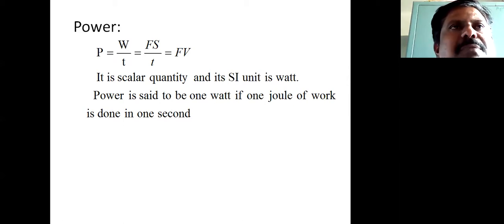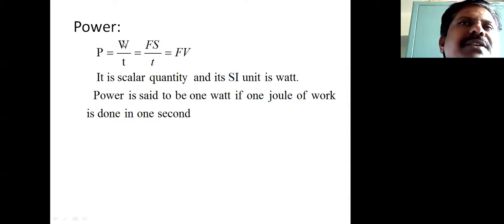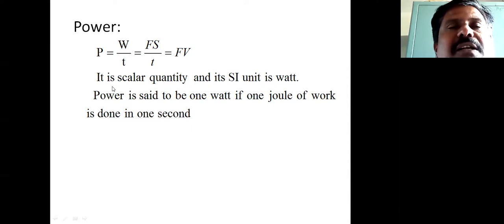Simply, the simple statement for power is the rate of doing work. The time rate of doing work is nothing but power. On what basis can the power of that engine or any person be measured?